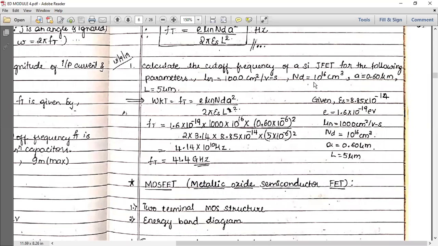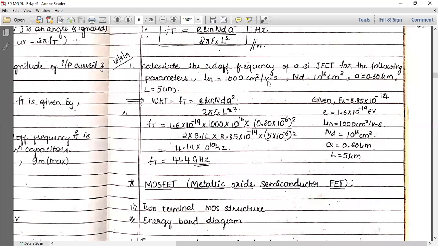Nd, the doping concentration, is given as 10 to the 16 per cm cube. The doping area is given as 0.60 micrometer, and the length of the channel is 5 micrometer. The question is to calculate the cutoff frequency.